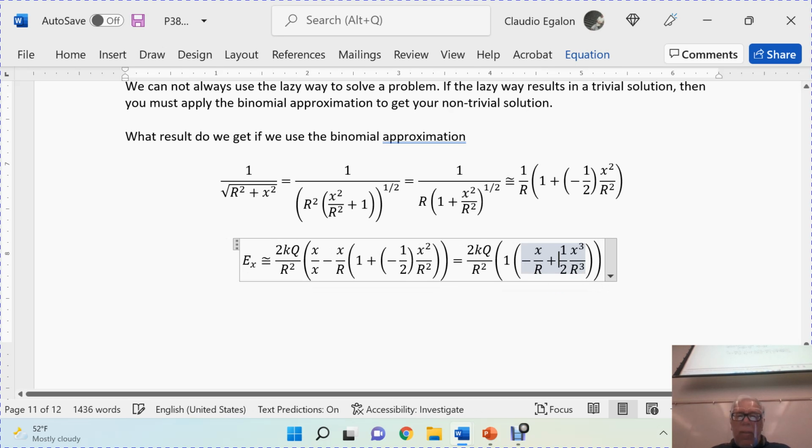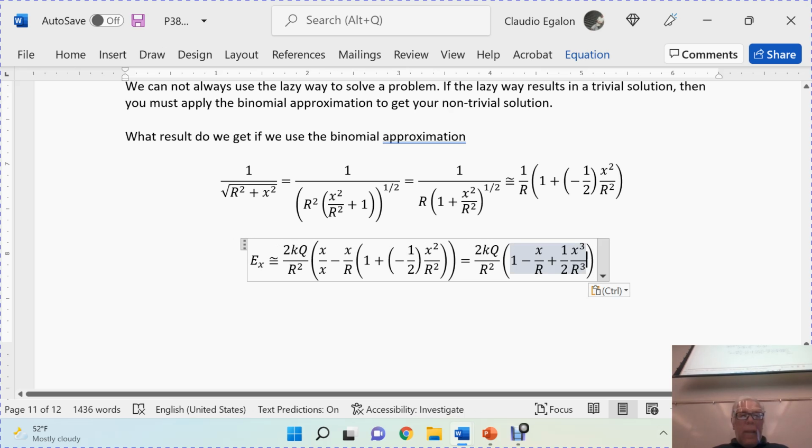This negative sign disappears, right? And it's like that. Did I get it right? x over x is 1 minus x over r plus half x cubed over r cubed. That's what we get when we go for the first order term, right?